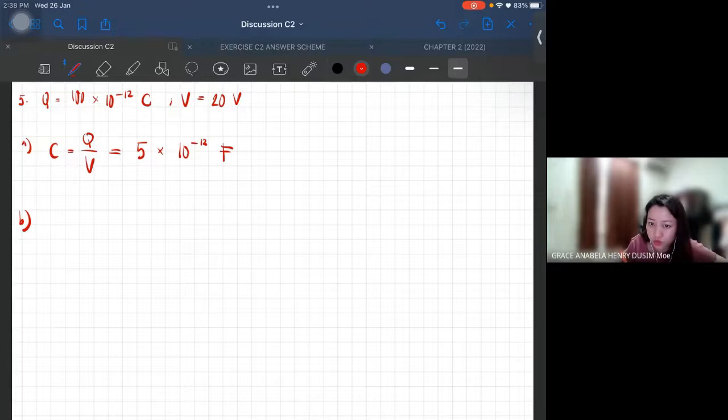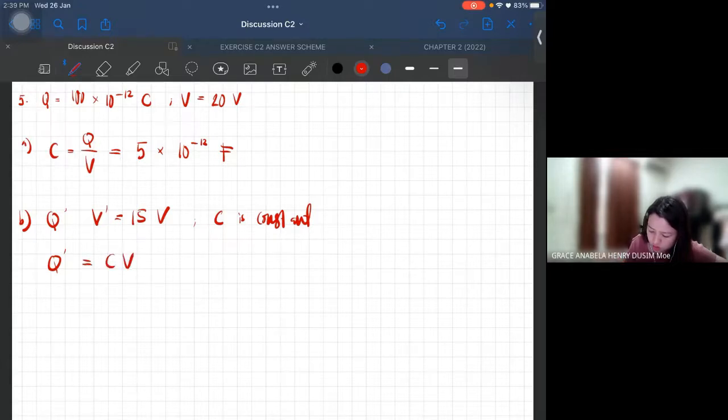Question B. Now we have to calculate Q so that V is equal to 15 volt. Basically, the capacitance is constant. So the new value of charge is CV. C is 5 times 10 to the power of negative 12, times 15, which gives 7.5 times 10 to the power of negative 11 coulomb.